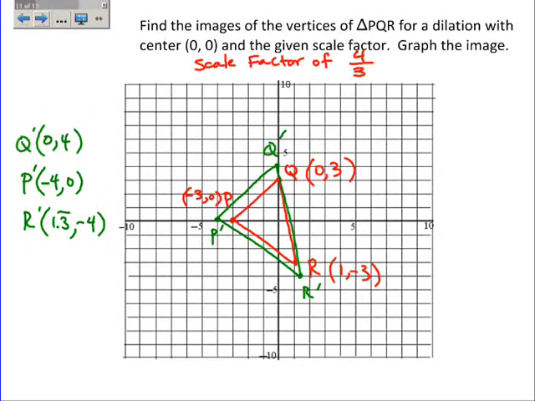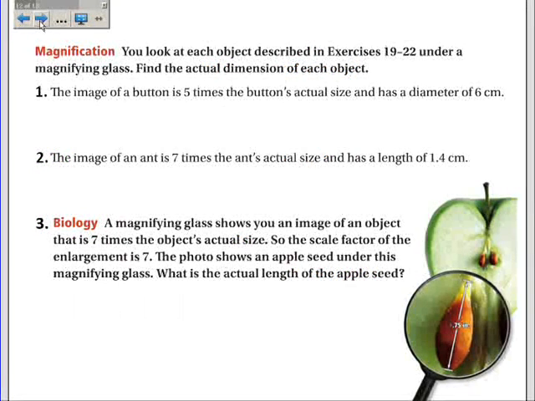Okay, some related questions. You look at each object described in 1 and 2 under a magnifying glass, and you're given the length in the magnifying glass. Find the actual dimension of each object. The image of a button is 5 times the button's actual size, and the image in the magnifying glass is 6 centimeters.